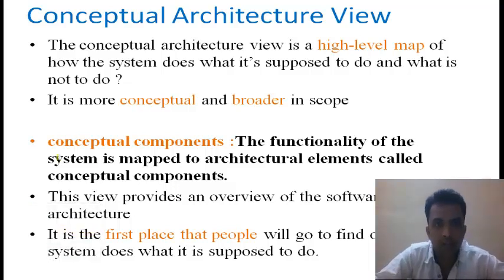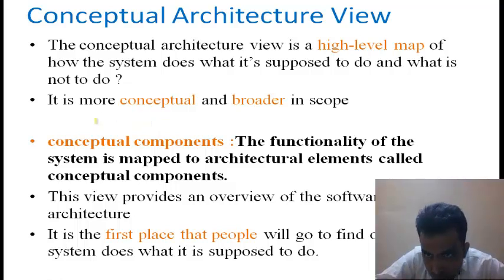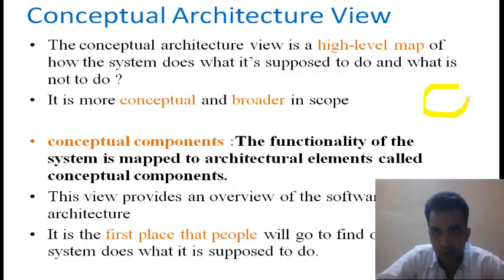I'm going to tell you about the conceptual component. The functionality of the system is going to map to the architecture element. Here it is a mapping to the architecture element.